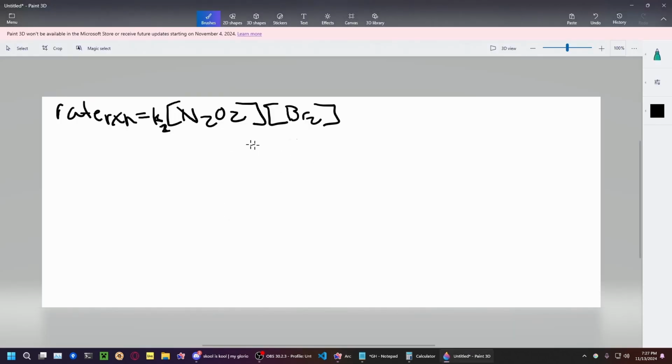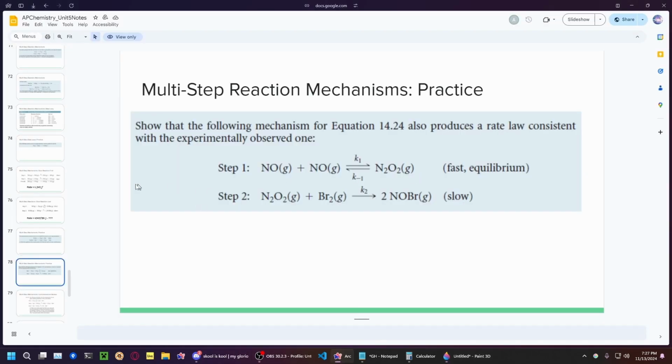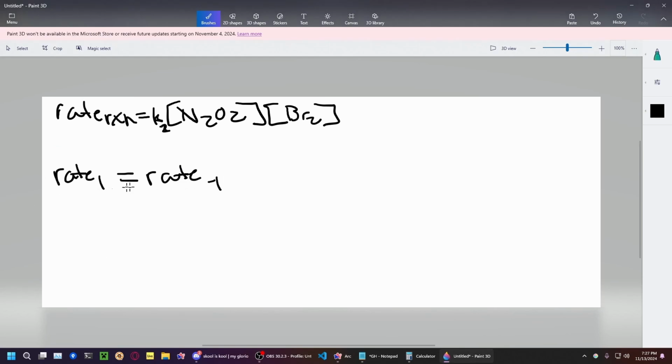So what I'm gonna do is identify that the rate of my first reaction is the same as the rate whenever it goes back. So the forward and backwards motion of my first reaction would be the same. Even though the rates are the same, the rate constants are going to be different.